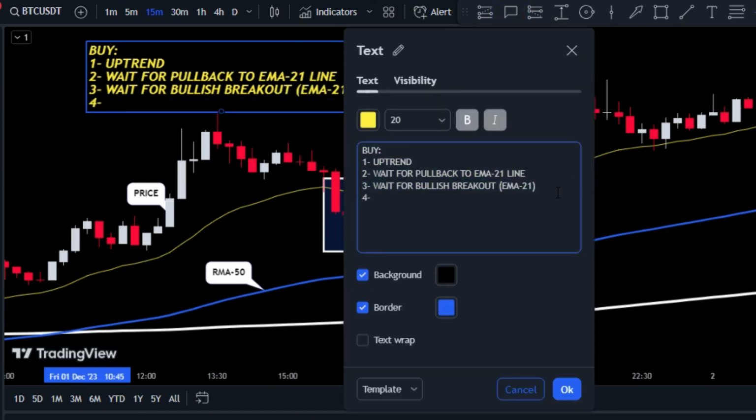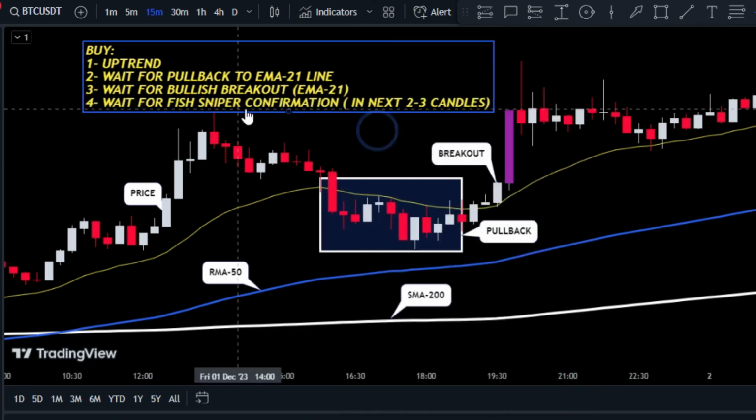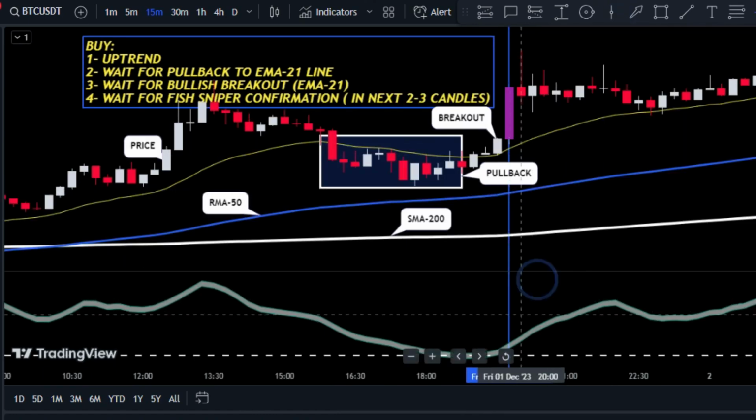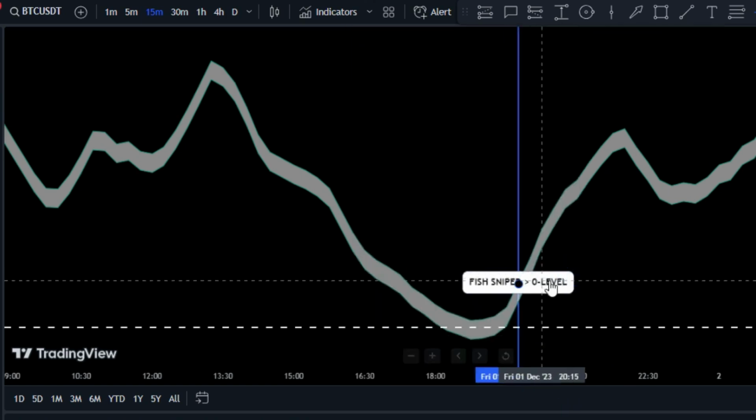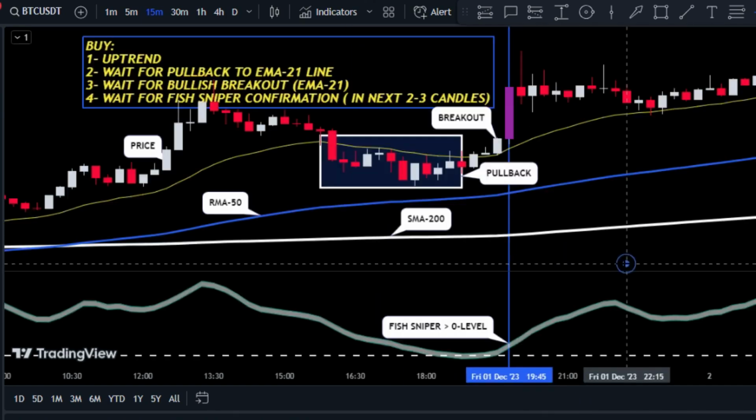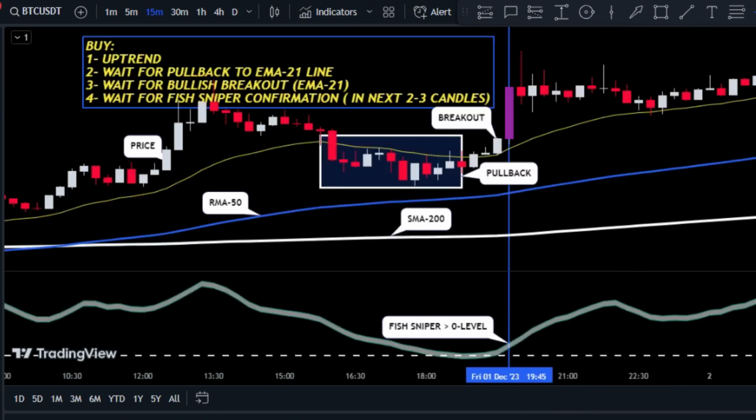The next move is to get a buy signal confirmation from the fish sniper indicator. So, if all these 4 conditions align, you're all set to initiate a buy trade.